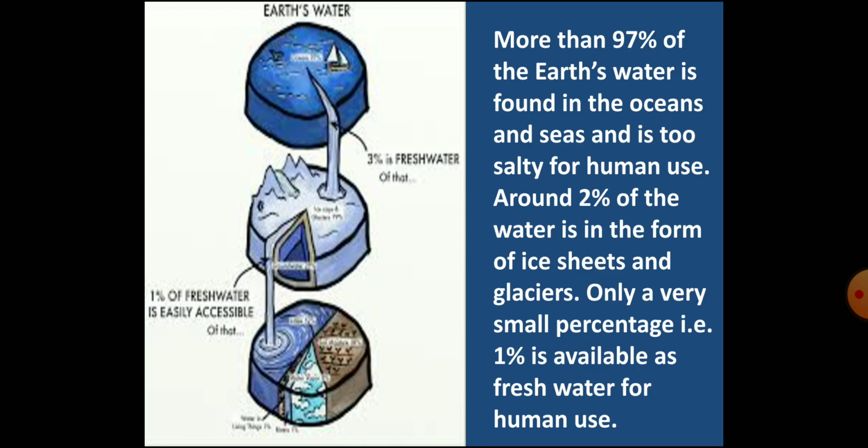Almost 2% of the water is present in the form of glaciers and ice sheets or under the ground. In this way, only 1% of water, which is a very small percentage, is found as fresh water that can be used by humans. Therefore, children, fresh water is a critical resource, and though the earth is termed as the blue planet, we face a great shortage of water.